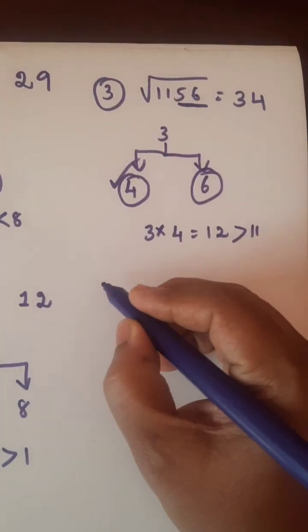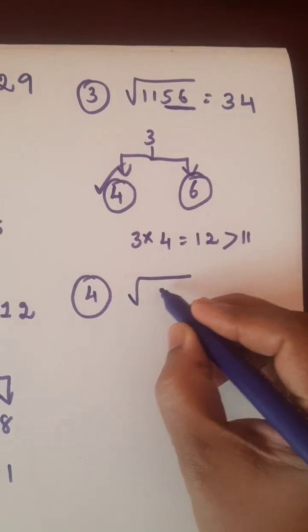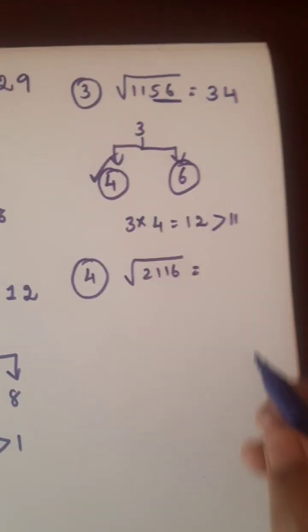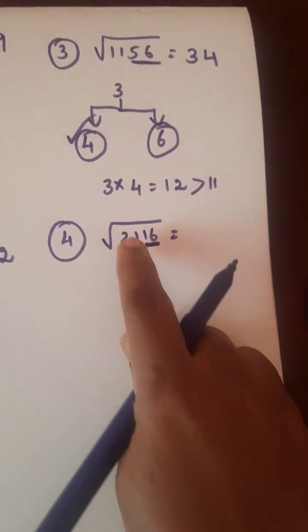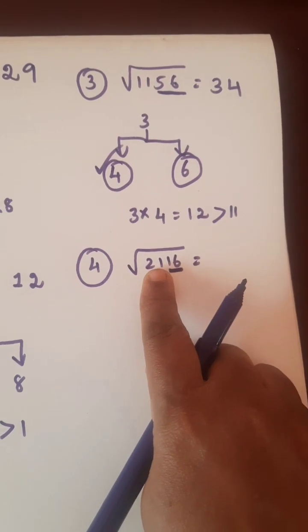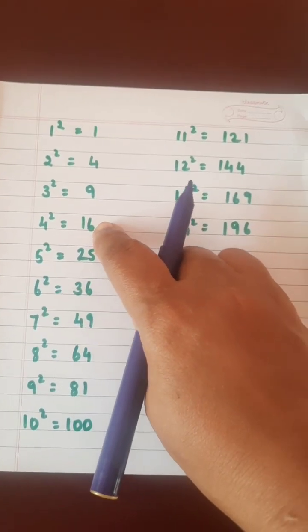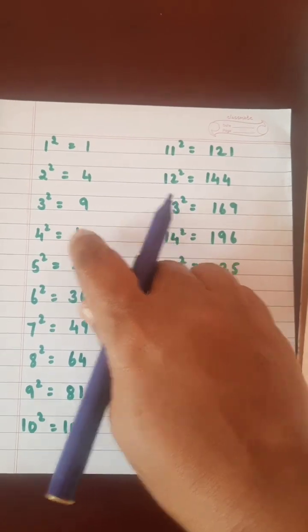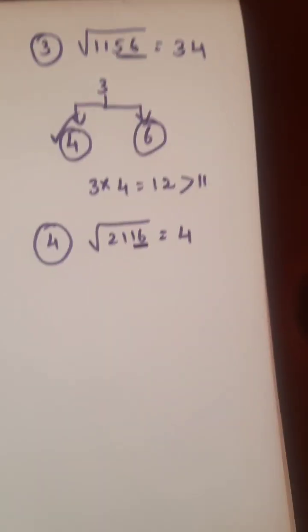One more example I will give you. Fourth example, root of 2116. Here also we segregate the last two digits and the remaining is 21. For that 21, the nearest square number is 16. The square root is 4, so for the first digits I have written 4.